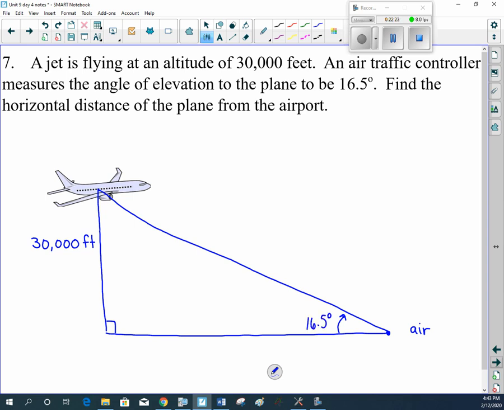So the question is, find the horizontal distance of the plane from the airport. So we're looking for that distance right there. So if I were to set that up, I would say the tangent of 16.5 degrees equals the opposite side, 30,000, over the adjacent side. And so algebra on this, I've multiplied both sides by x.